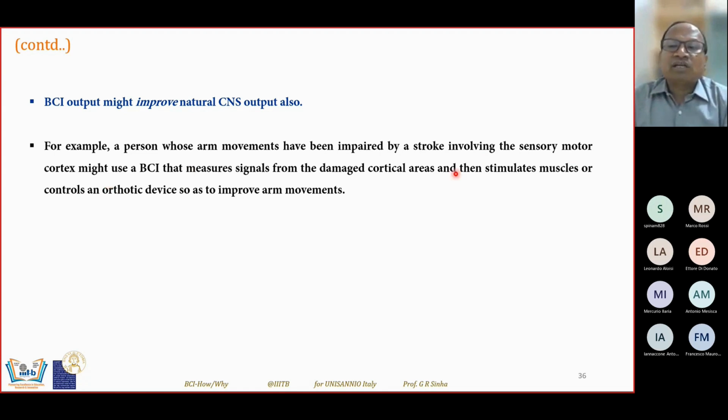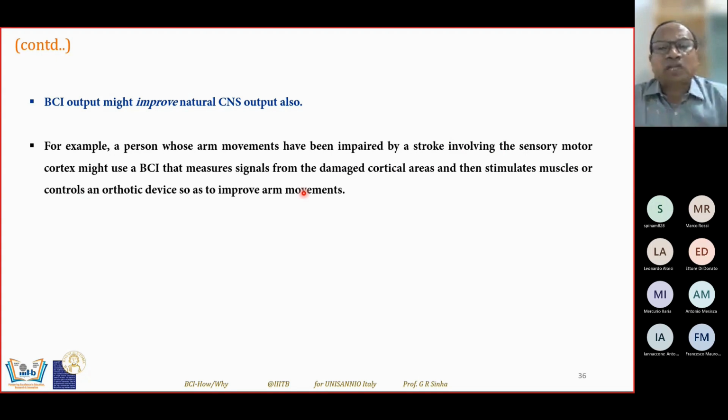The stroke has affected the sensorimotor cortex, so the BCI measures signals from the damaged cortical area. Then it stimulates the muscles or controls an orthotic device to improve the arm movement.